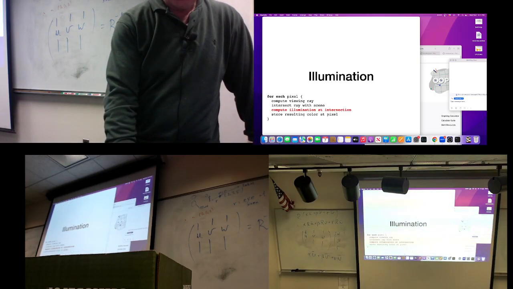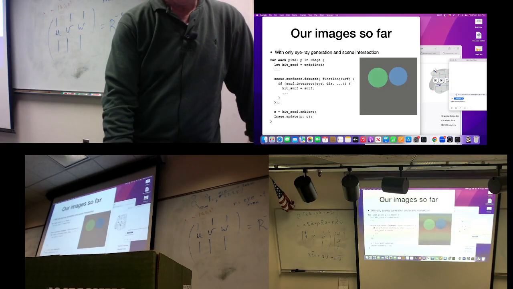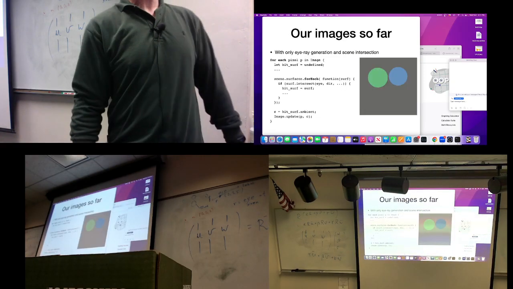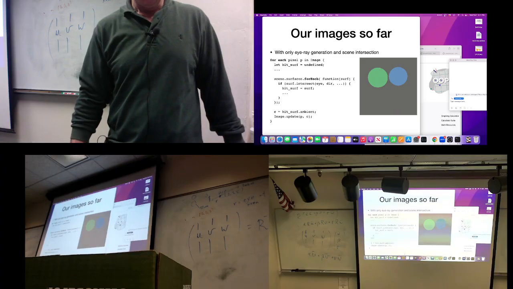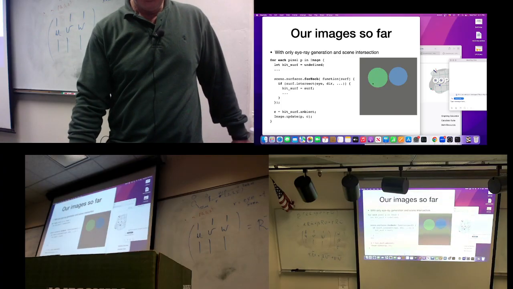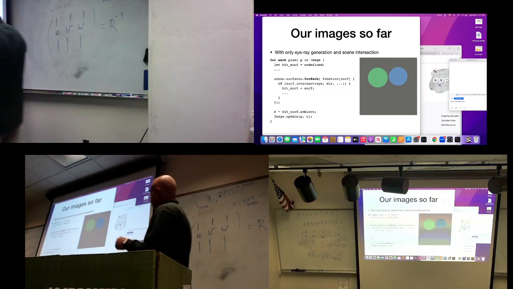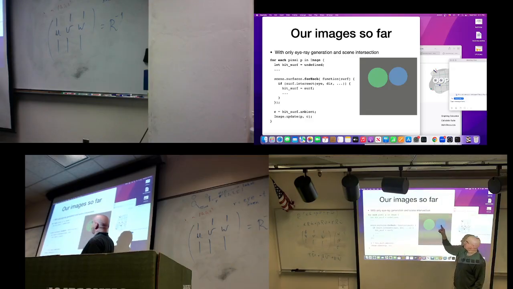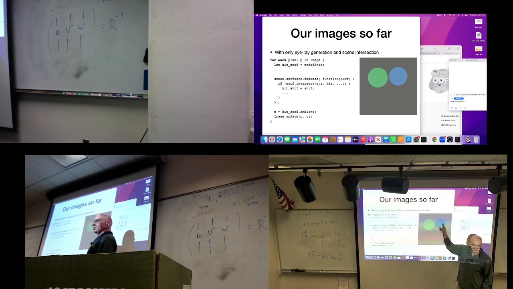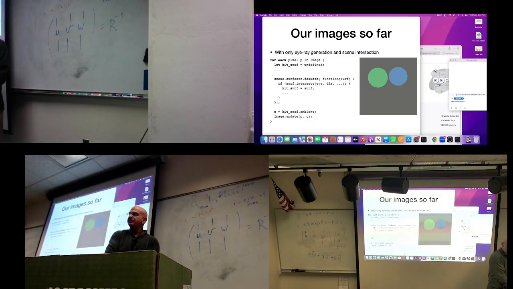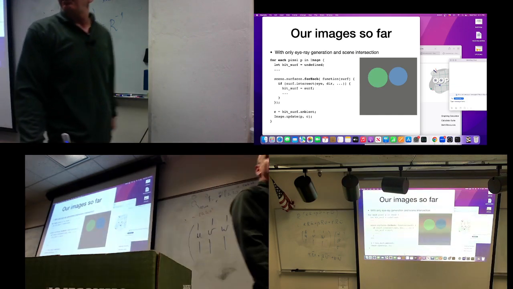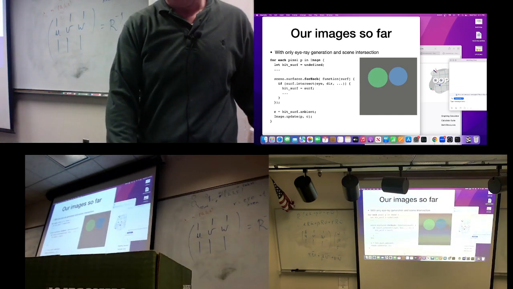Okay, and let's talk about illumination and about shading. 4 minutes to start about it. So for each pixel, decide what's the object that the ray hits. It turns out that the ray hits the blue sphere. Does it look like a blue sphere? Not to me in particular. Why? Because of the lack of any shading.